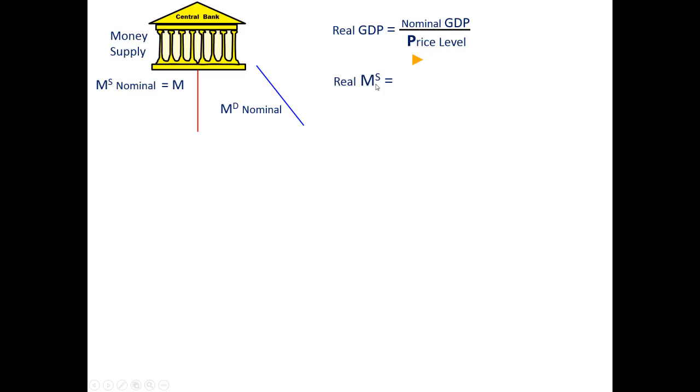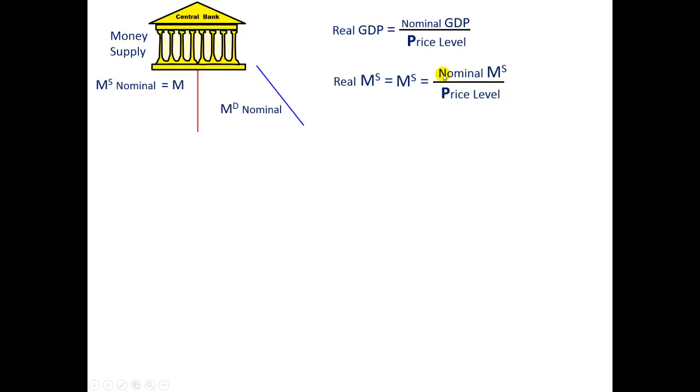So similarly the real money supply, which we are going to denote like this, is nominal money supply divided by price level. So every time that you have a nominal macroeconomic concept, you are taking into account inflation.